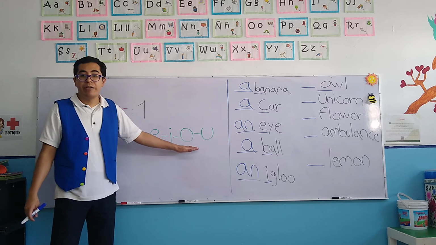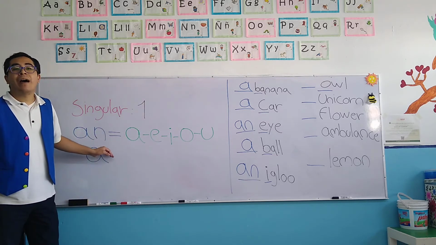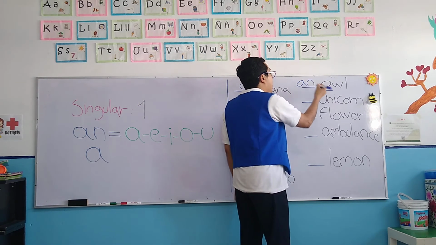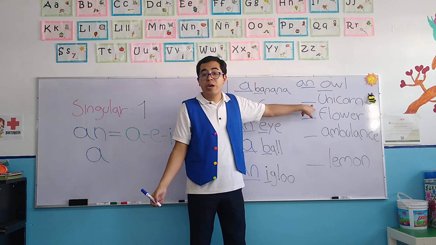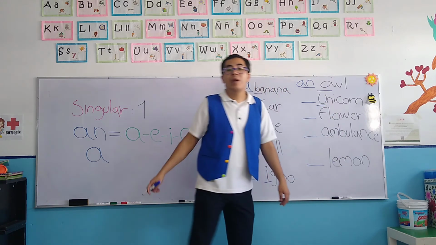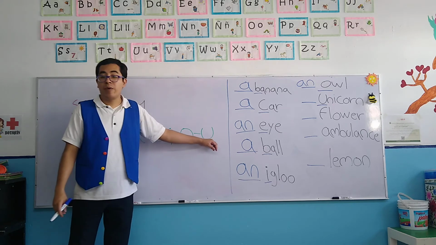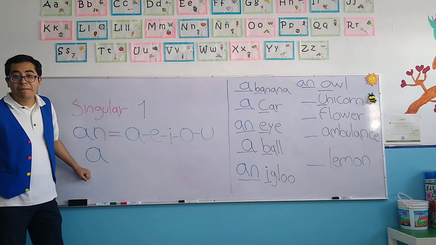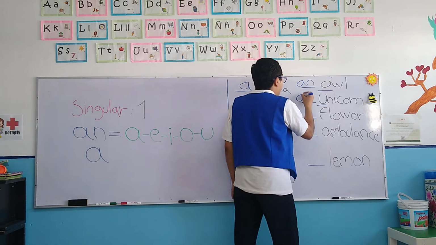Yes, it's right here. So what do we write? An or a? An. An owl. Búho. Let's continue with the unicorn. Unicorn begins with letter U. Letter U. Is it a vowel? Yes, it's right here. So, an or a? An. An unicorn.